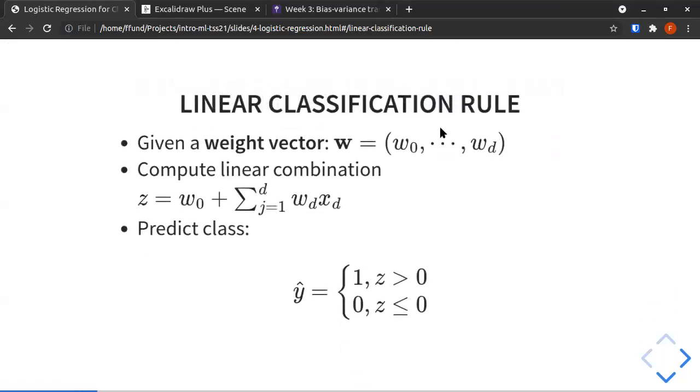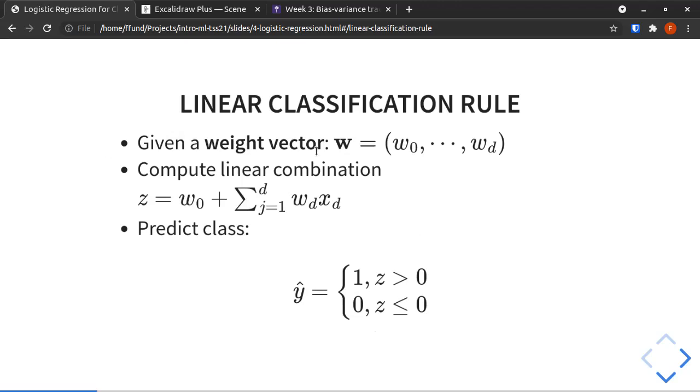Summing that up, we have some weight vector, and we can compute this linear combination z, which describes this line, the equation of the line. And then we can predict the class based on whether it's greater than or equal to 0.